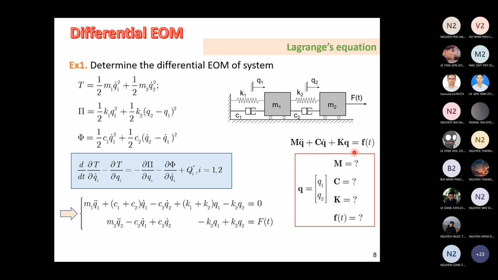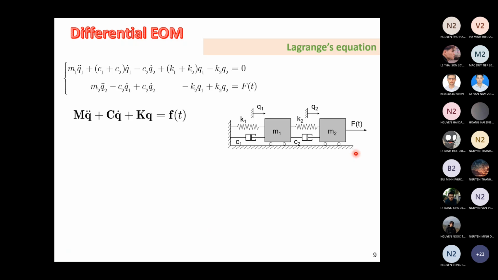So what is the mass matrix M? Anybody can give me the answer? What is the M matrix? When we have the coordinates Q1 and Q2 in the vertical, it is called a vector.